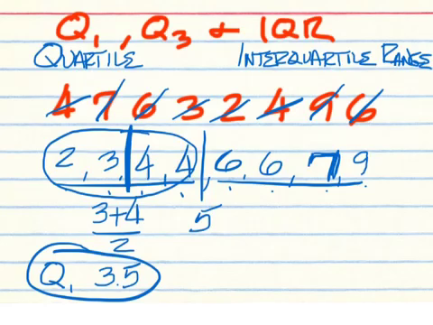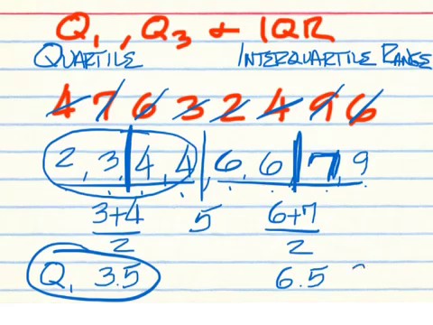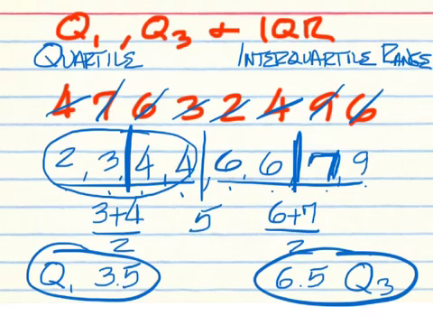Do the same thing on the right side to find Q3. 4 numbers. Here's the midway point. 6 plus 7, divide by 2, is 6.5. That's Q3.